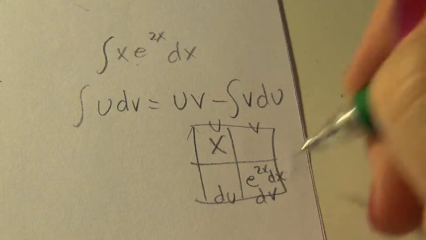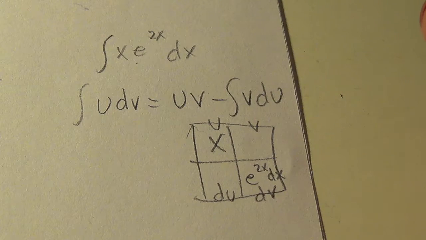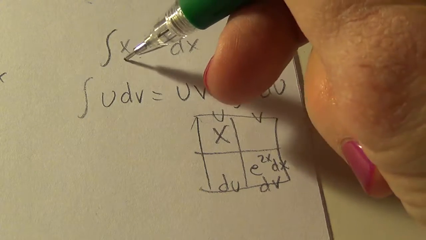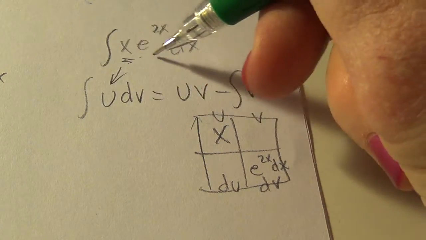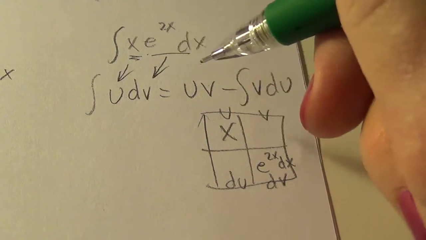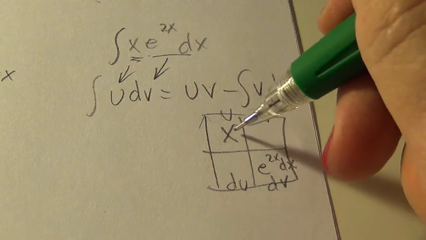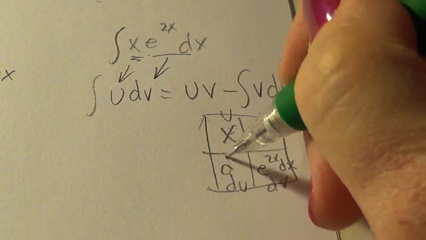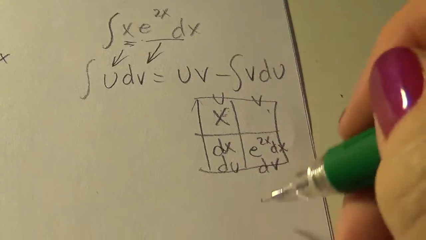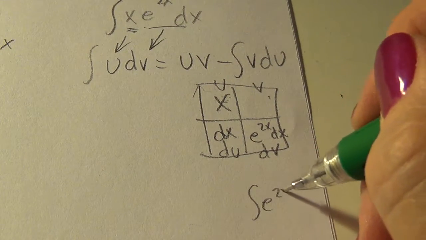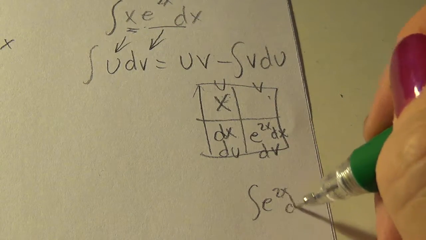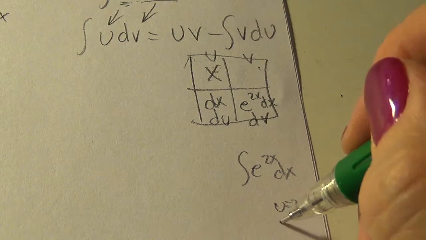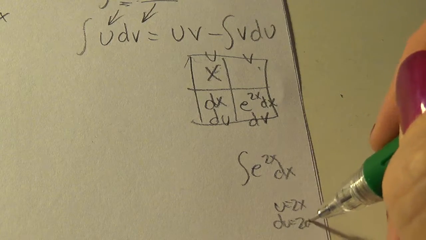How do I know? I don't really know. I'm just going to follow my nose and see if this leads to something. Do you see how I substituted this for u and this for dv? So now I have to calculate the derivative of this, which is dx, and the integral of that. So the integral of e to the 2x dx is, let u equal 2x, so du equals 2 dx.